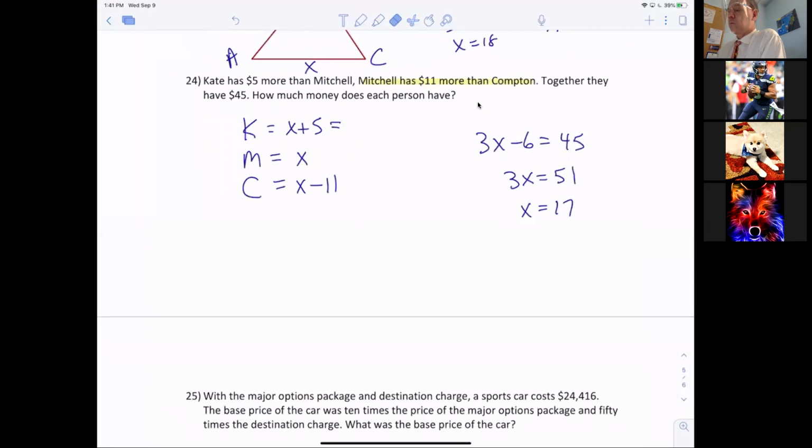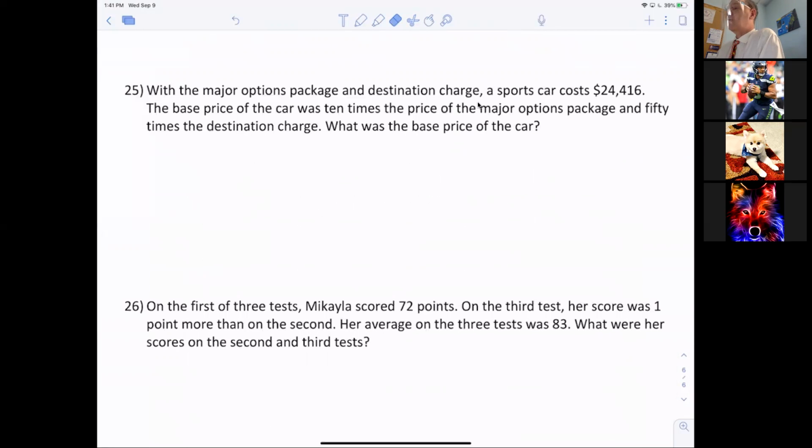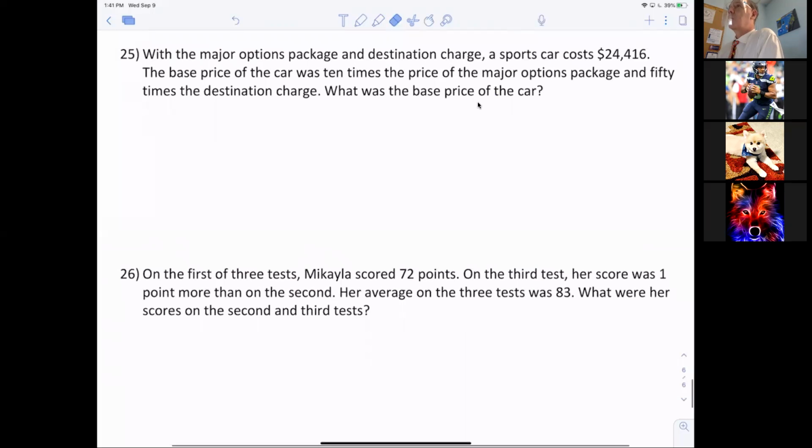All right, so yeah. Hold up, Jackson, what did you get for 25? Shh. I want to hear this. Do you want me to tell you the base price? Nope, I want you to tell me the base price. $21,486. I got $438. A car is going to cost $438.